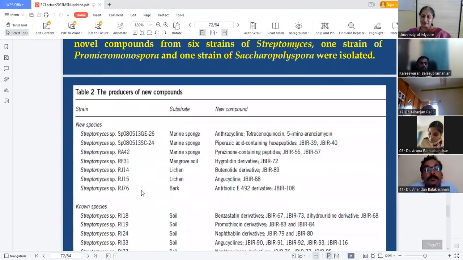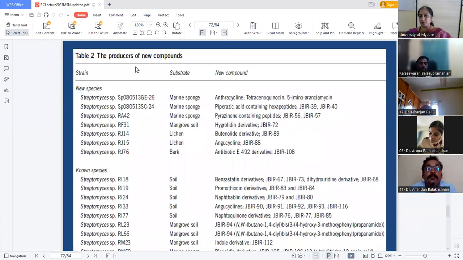And there is a table here which says the producers of new compounds. So from their study, they have isolated 10 new species. Not necessarily, they have it from marine sponges, mangrove soil, lichens, bark samples, etc. And these are the unique compounds that have been produced from these actinomycetes.